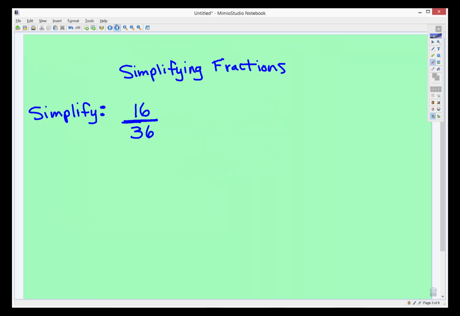Okay, now we've got a little bit bigger numbers, but it's okay. If you look at your prime factors list, you'll notice that 16 is the same thing as 2 times 2 times 2 times 2. 36 is the same thing as 2 times 2 times 3 times 3.